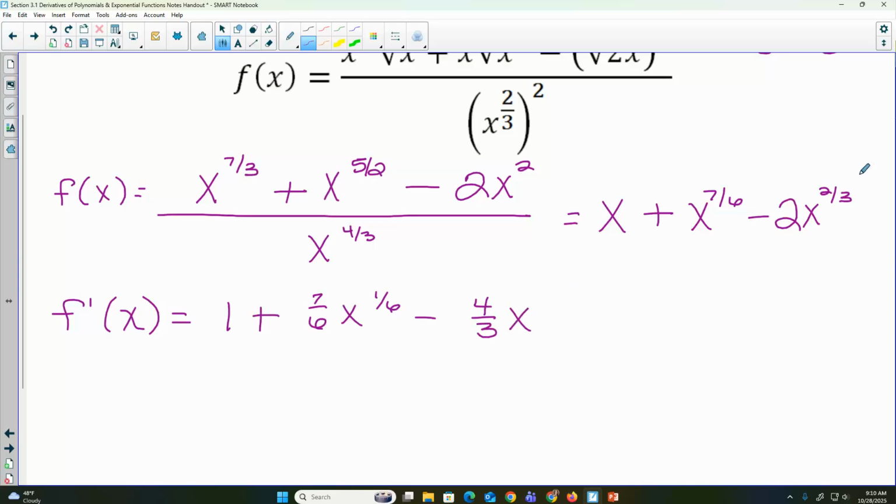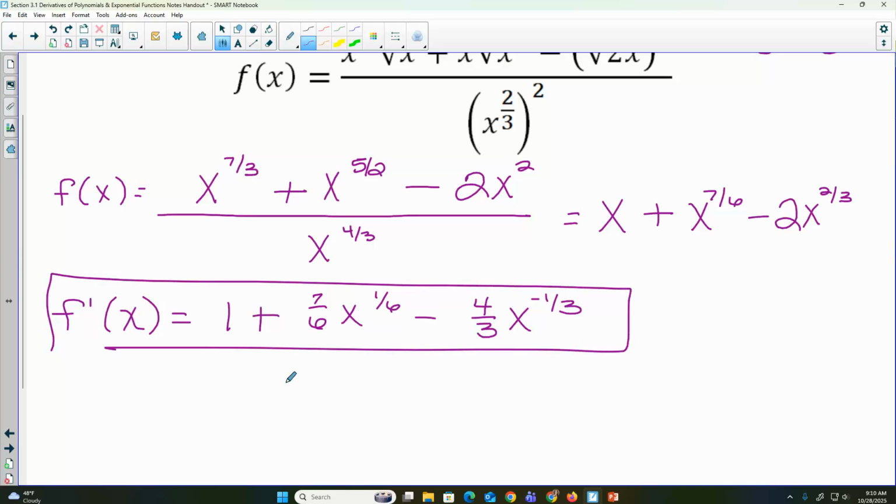And 2 thirds minus 1, that is x to the negative 1/3. Questions on that?